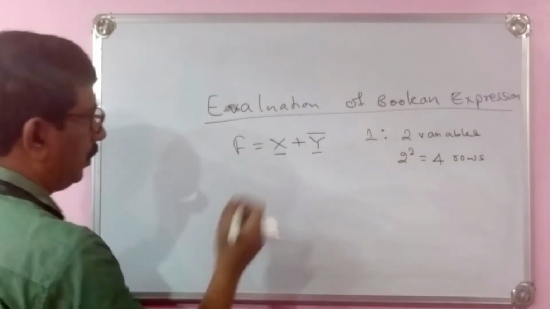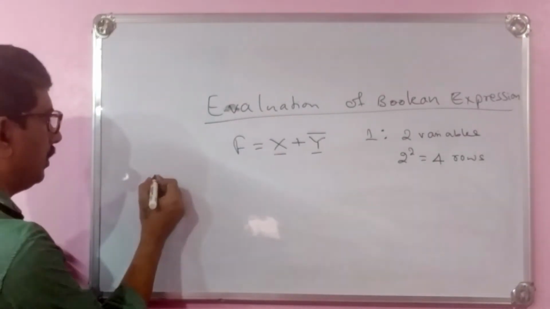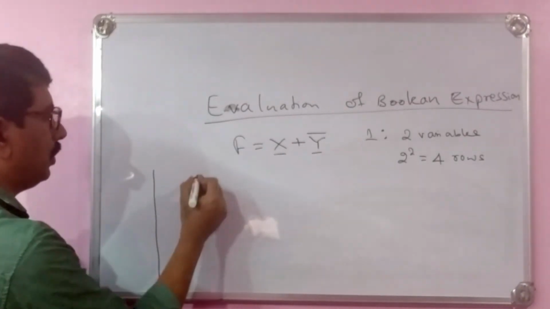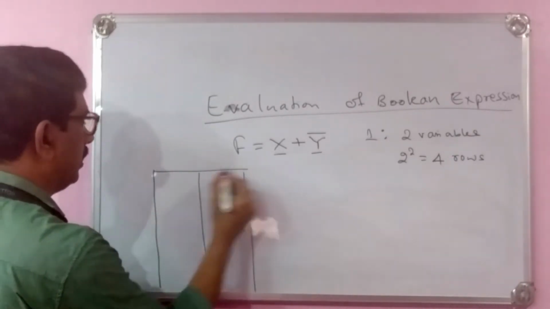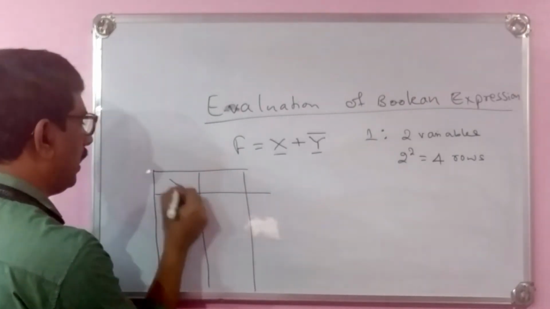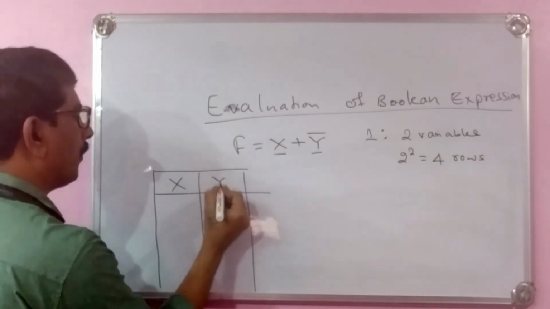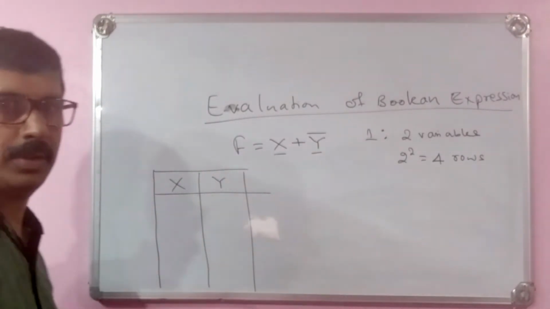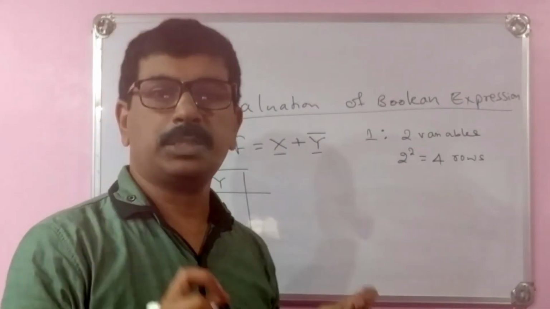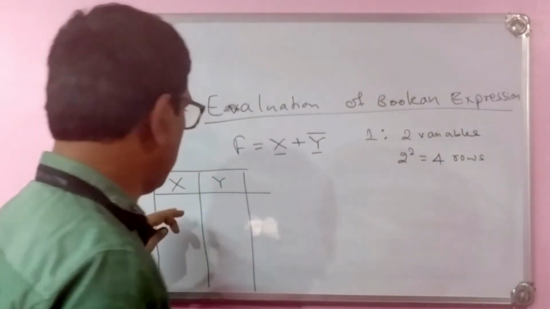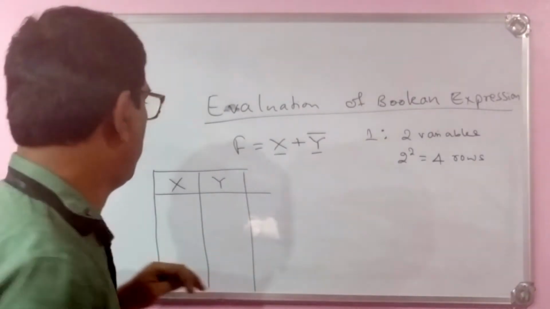Now, 2 variables means we have to take 2 columns, x and y. Then in step 2, list the variables with every combination of 0 and 1.